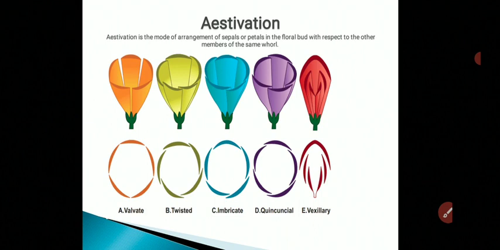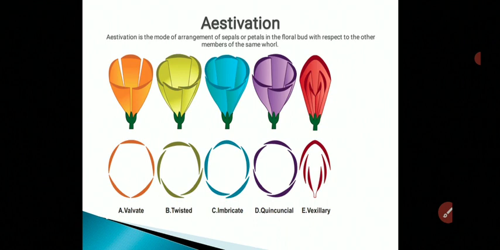Aestivation can be an important systematic character for delimiting or diagnosing some flowering plant taxa. In practice, aestivation is best observed by making hand sections of mature flower buds, because after anthesis the perianth aestivation may be hidden, and for very small flowers histological sectioning may be needed to see the aestivation type clearly.